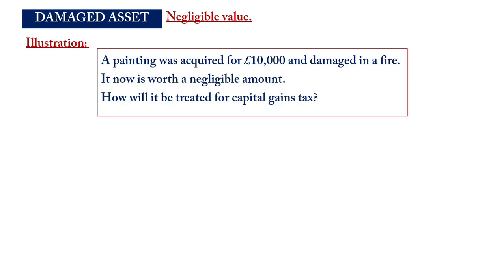If it is worth a negligible amount, then the painting will have a capital loss of £10,000. That is, we deem the negligible value to be zero, and we less the cost of 10,000 from it. That is how we will treat it for capital gains purposes. Okay.